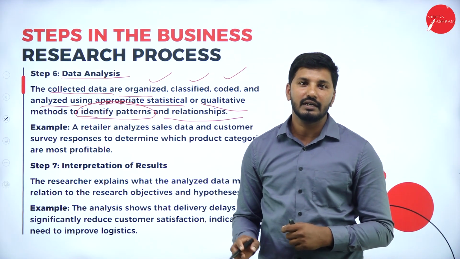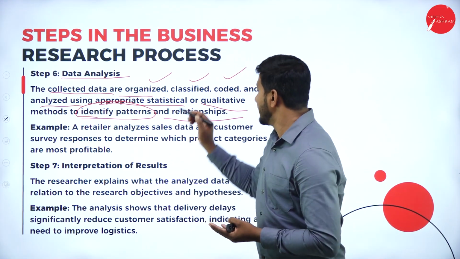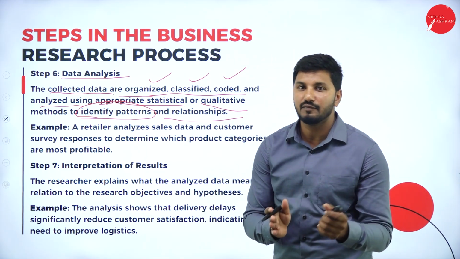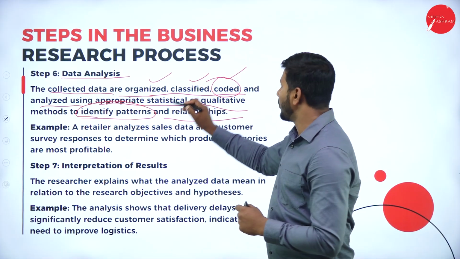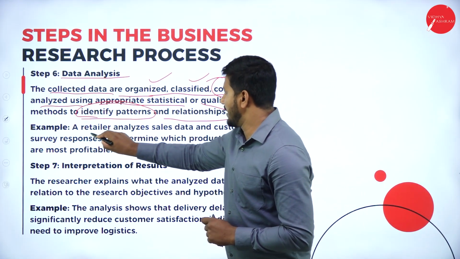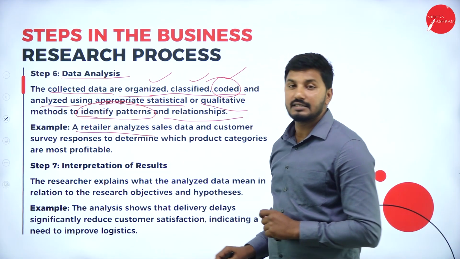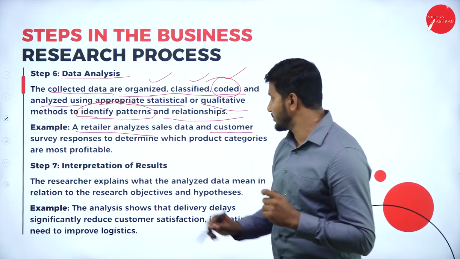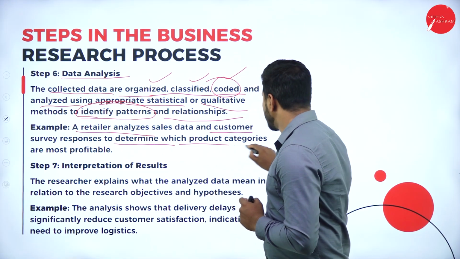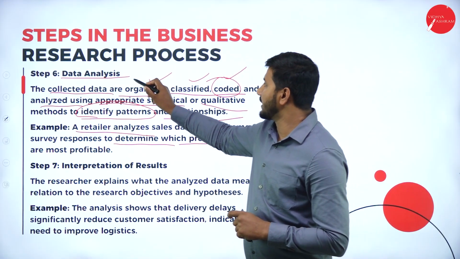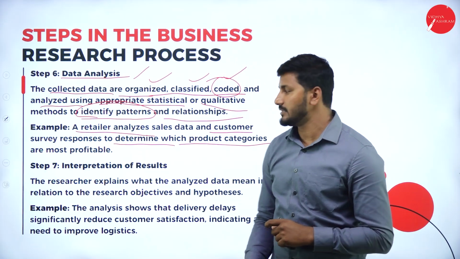We have to analyze in this particular manner. We have to organize it, classify it, code it, and use the appropriate methods. So, for example, a retailer analyzes sales data and customer survey responses to determine which product categories are most profitable. By doing this, we can easily understand the data analysis process.